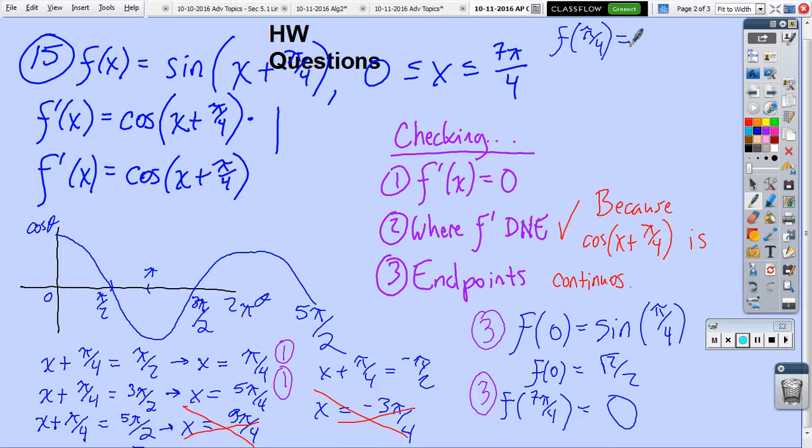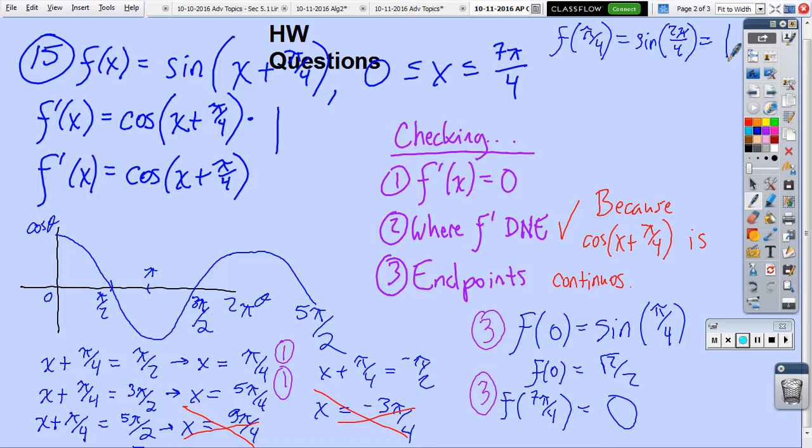equals the sine of 2 pi over 4, or 1/2 pi, which is 1, because 1/2 pi is at 1, 0 at the next one, all the way, okay?